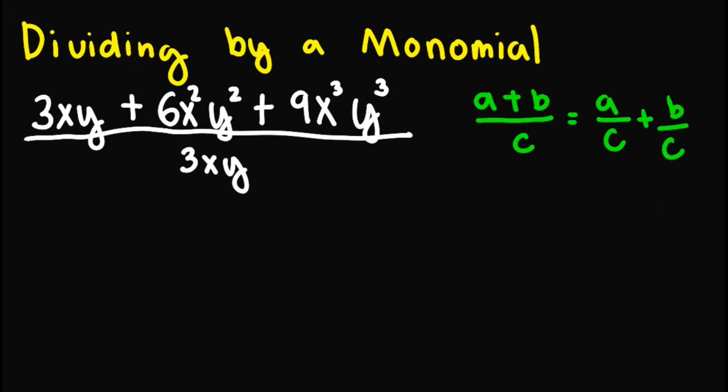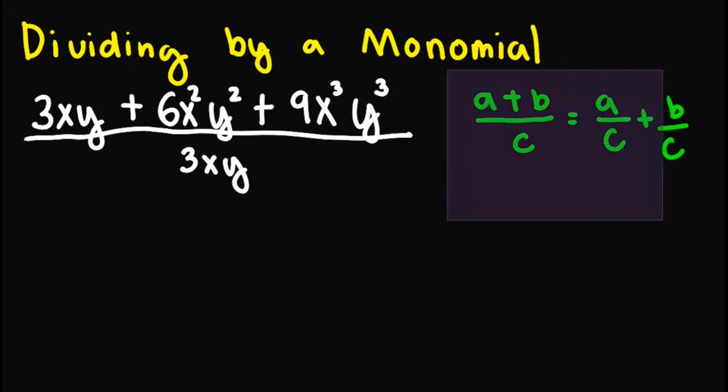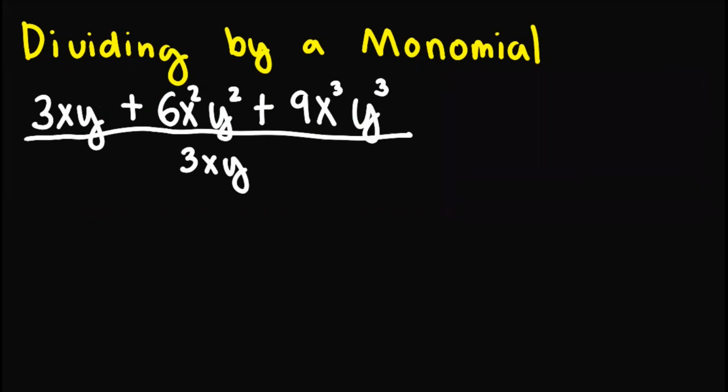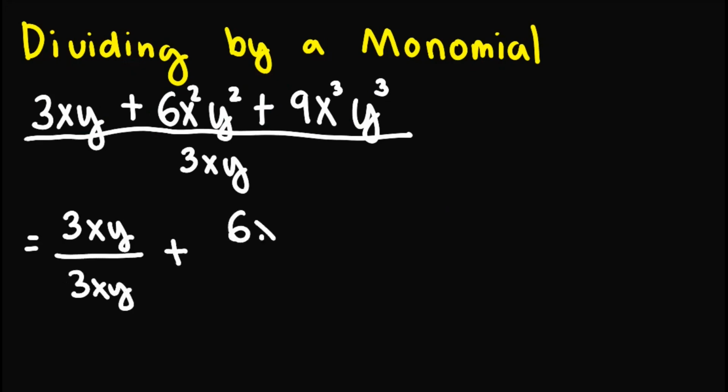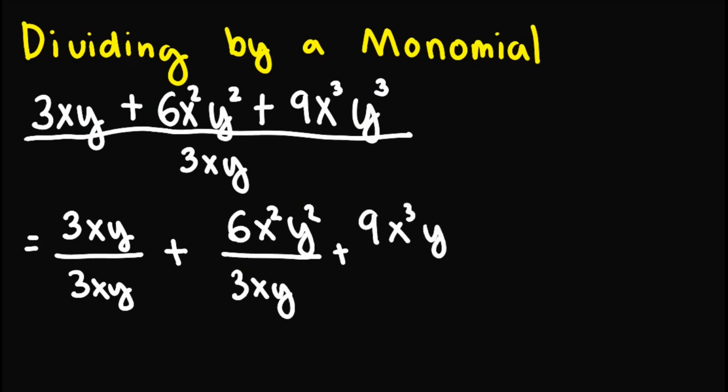This is just a basic idea in fractions. And so we can write this one as 3xy all over 3xy plus 6x squared y squared all over 3xy plus 9x cubed y cubed all over 3xy.